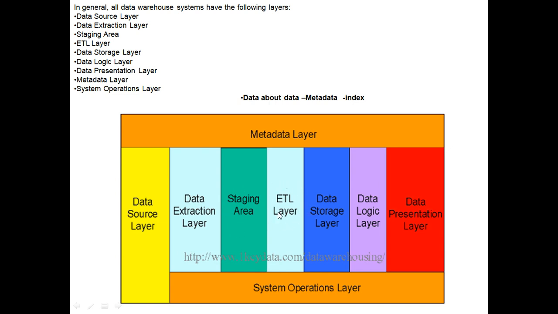Now the data is available in the staging area and the transformations can be applied on it. So this ETL layer will read this data and apply logics or transformations or formulas, whatever you can call them, and convert the staging area data into the data that is required in the target. The target is where you store the data after conversion.